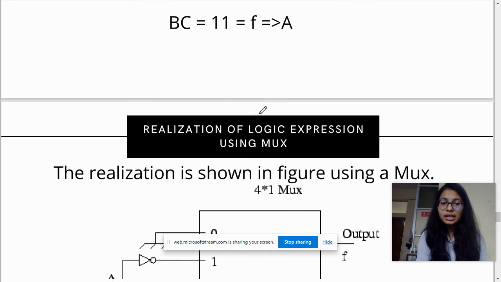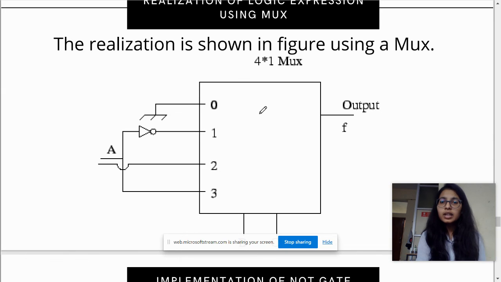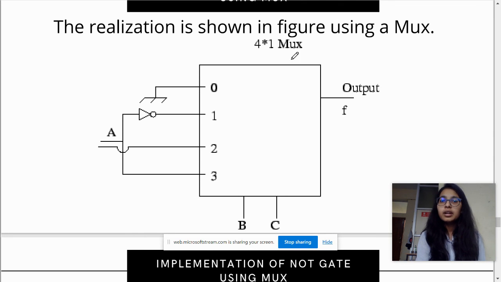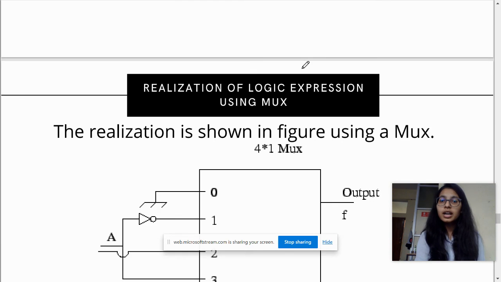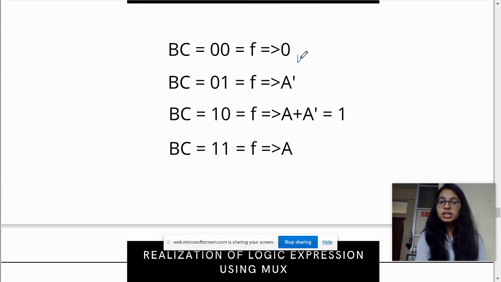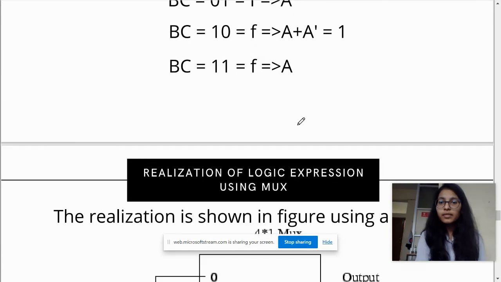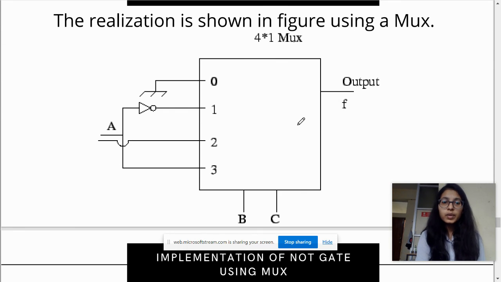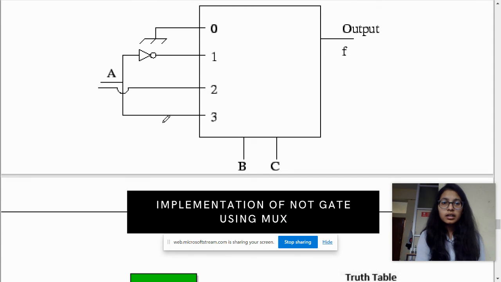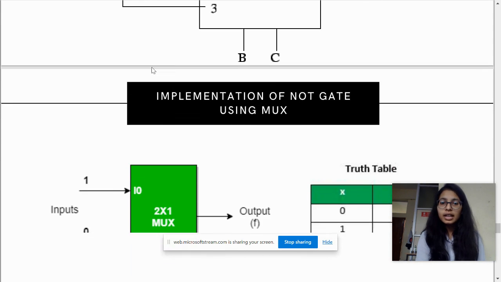So we'll be getting an output like this, and we can realize this. We are realizing 8 cross 1 using 4 cross 1. Wherever it is 0, we'll connect it to ground, and wherever it is 1, we'll connect it to VCC. For A and A bar, we can have A as an input, and for A bar we can have a NOT gate.